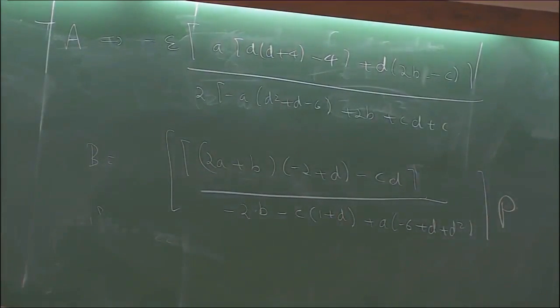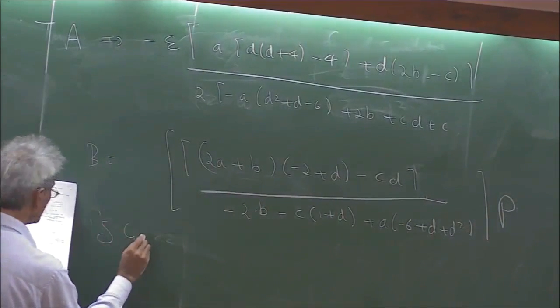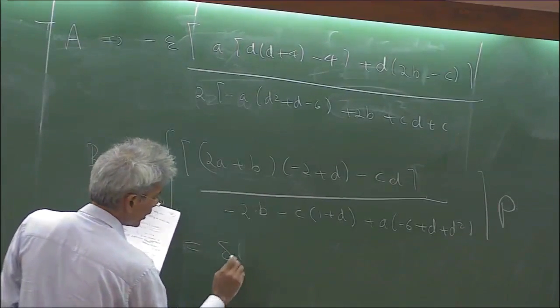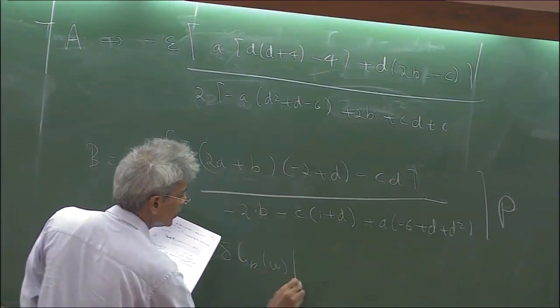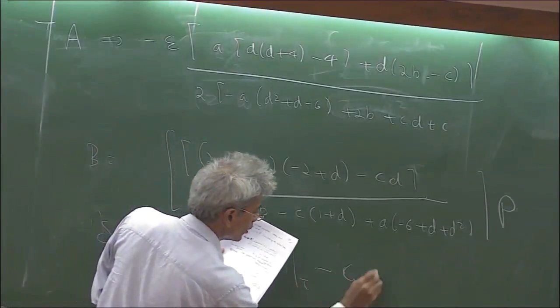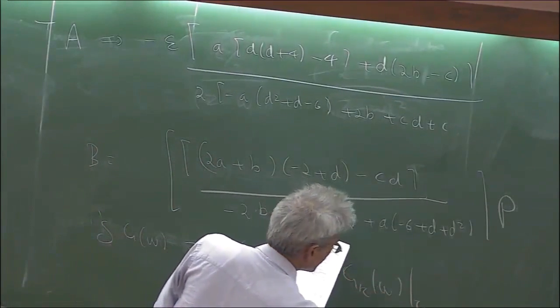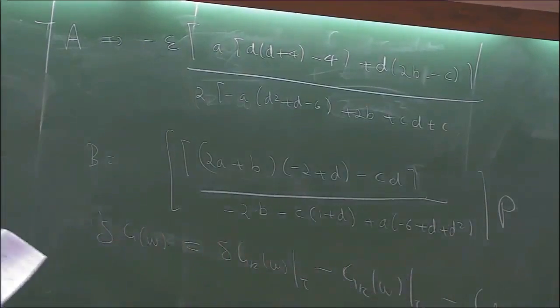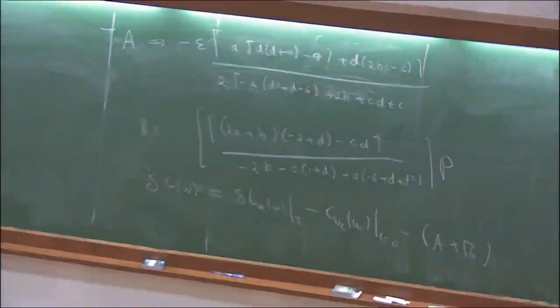So again, these are the constant terms. These are the finite terms. Again, you define delta G omega, the frequency sum rule, G_R omega at T minus G_R omega at T is equal to 0 minus this A plus B. And this is well defined. You can apply Cauchy's theorem.